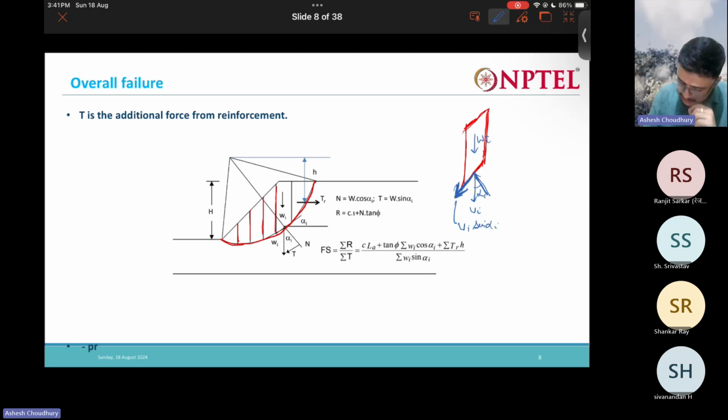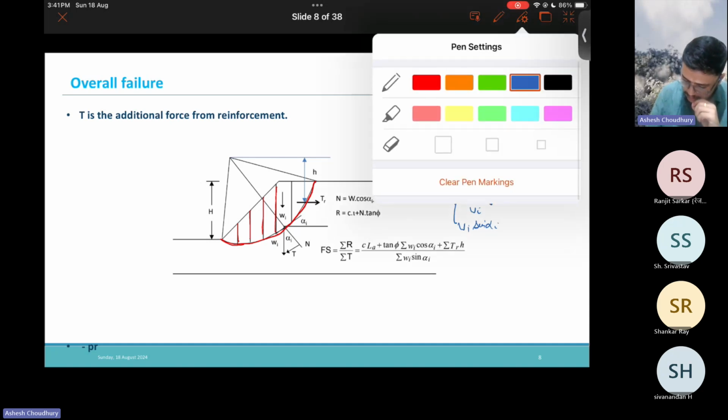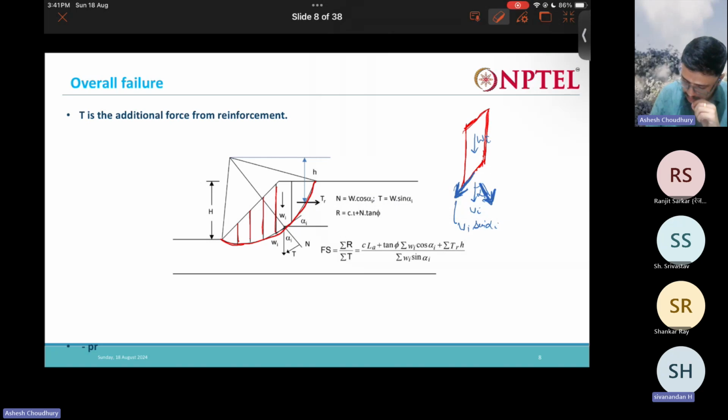Then what is this? This is Wi cos alpha. Now this is our destabilizing force, right?